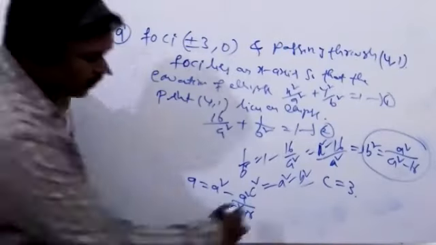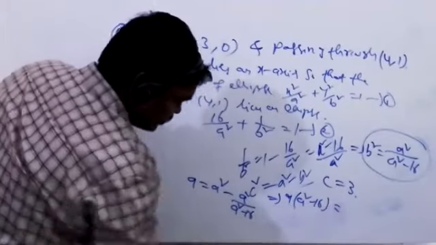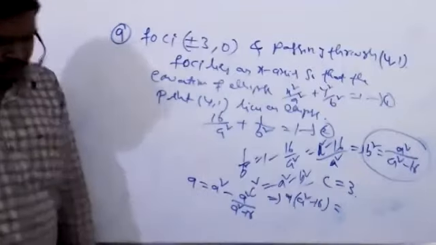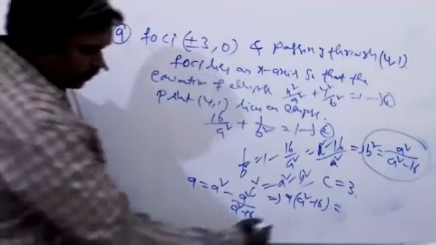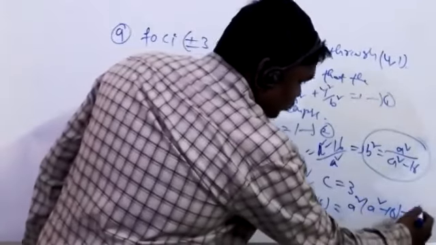Then 9 into a square minus 16 is equal to a square into a square minus 16 minus a square.